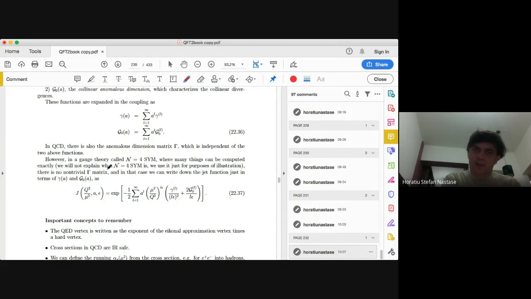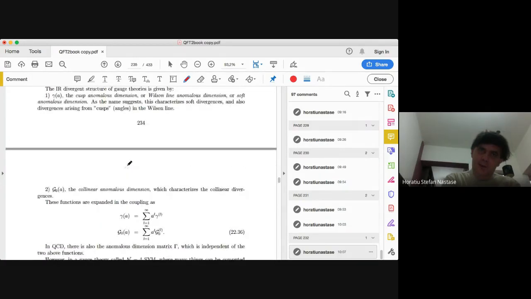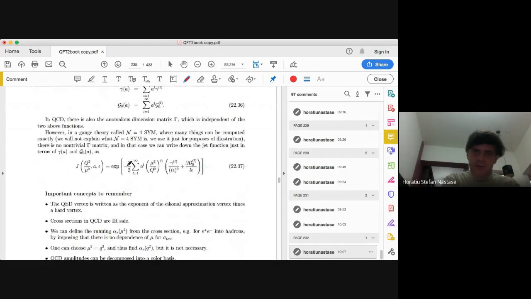It's a supersymmetric gauge theory, but never mind. I just want to use it to illustrate what could be in J. Moreover, N=4 super Yang-Mills is so simple that it does not have a non-trivial gamma matrix. QCD does. It's a third object of interest, but in N=4 super Yang-Mills there are only these two: the cusp, or soft, anomalous dimension, and the collinear anomalous dimension.